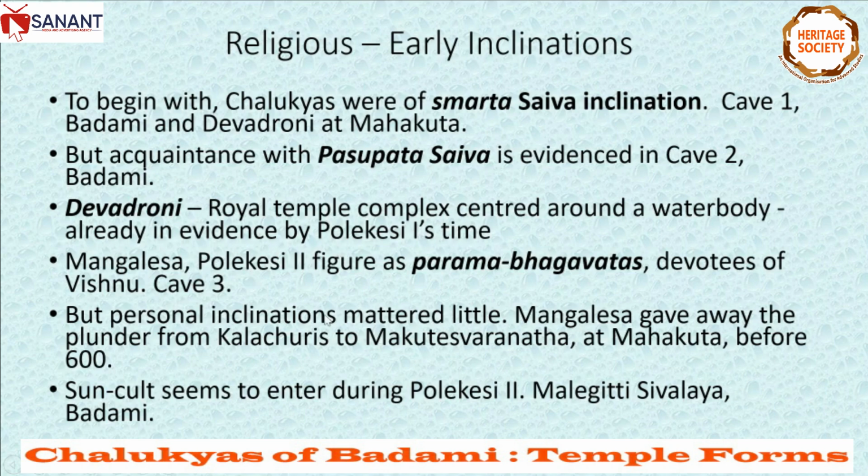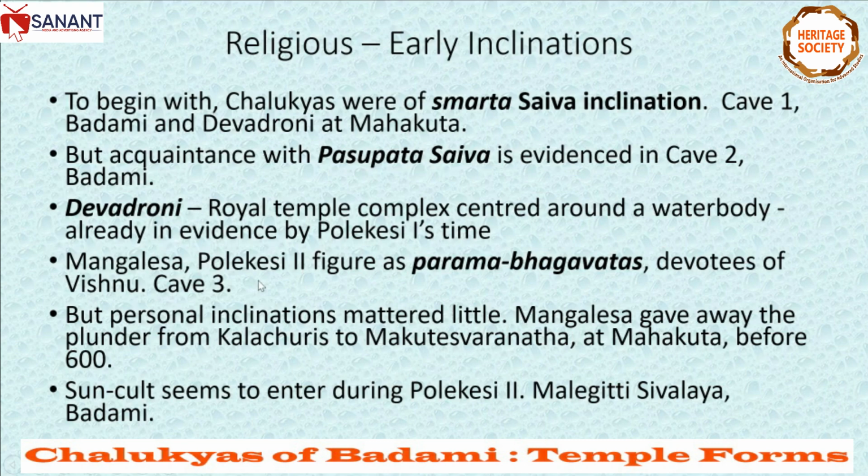Okay. Then, if you look at the early rulers like Mangalesha and Pulikeshi II, we notice them described as Parama Bhagavatas, which means the devotees of Vishnu, actually. In fact, we have a couple of caves in Badami, Cave 2 and Cave 3, which are Vaishnava in affiliation. And Cave 3 in particular has an inscription of 578 AD.